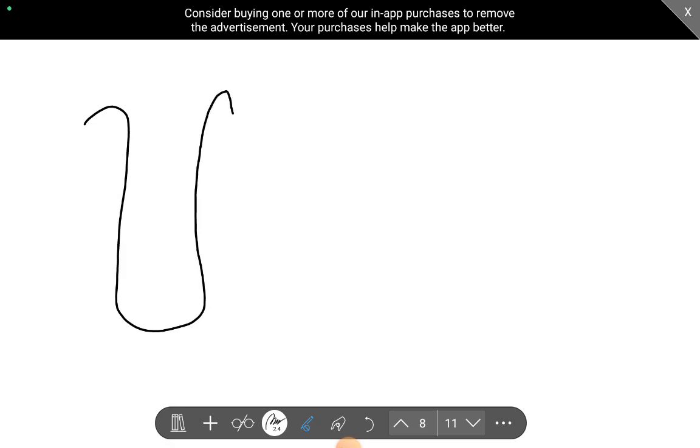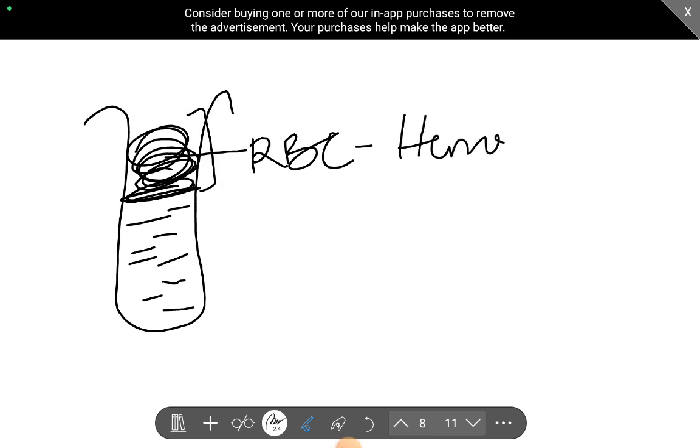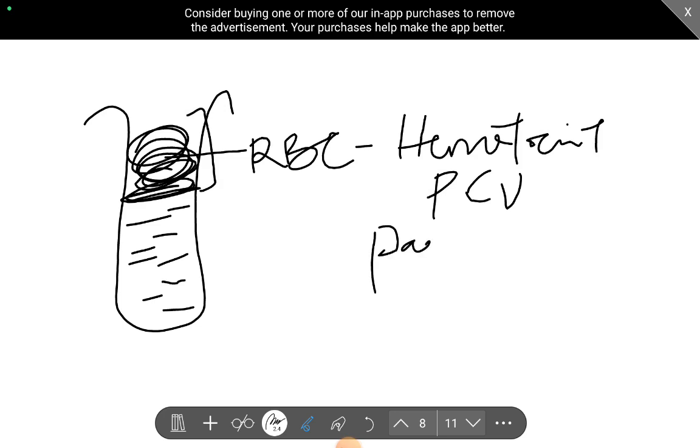So blood will be spun, and when blood is spun, what you are going to see as the end result is that the red blood cells will remain at the top, while the plasma will remain below. So the percentage of red blood cells in the blood is what is known as hematocrit, or you call it packed cell volume, PCV, packed cell volume.